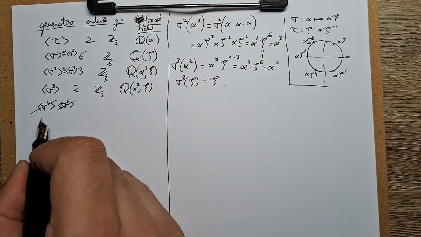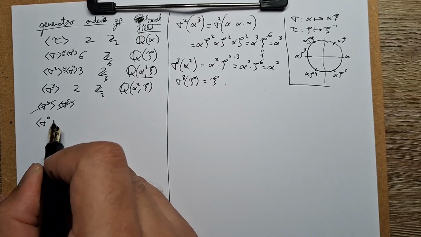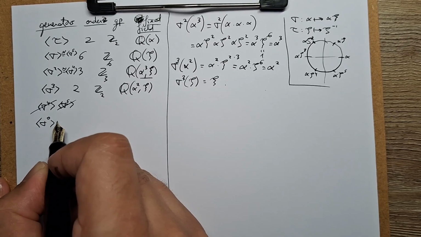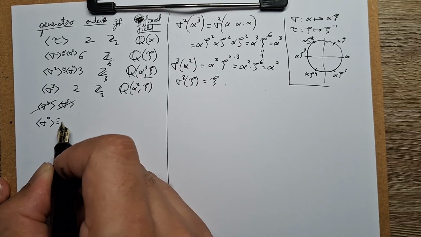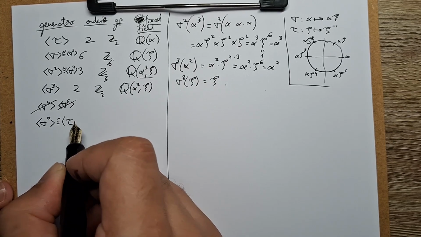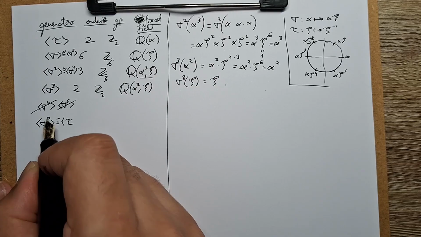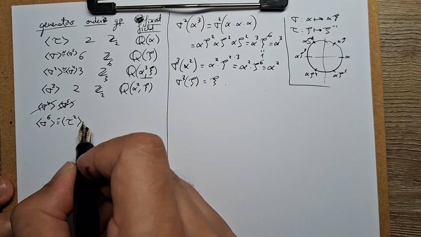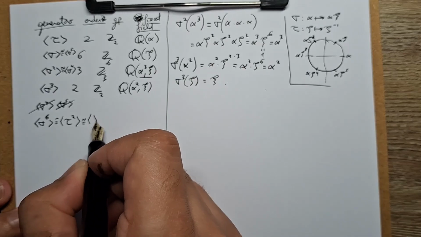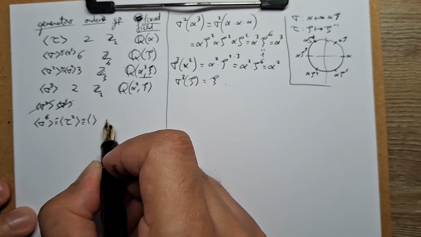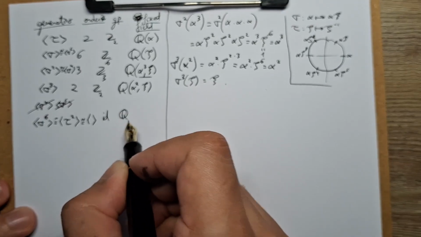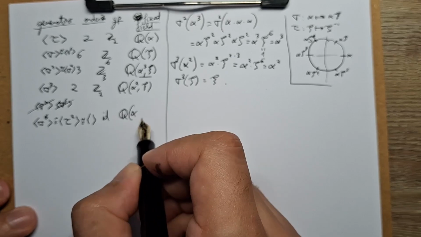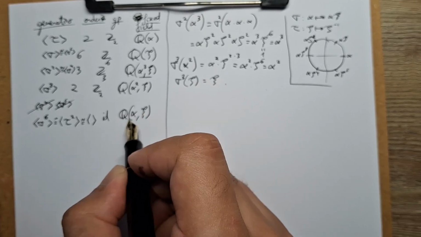And then sigma to the 6th is the same as sigma to 0, which has the same effect as if you apply tau twice or 0 times, which is the same as not applying anything. This is the identity, and the fixed field of the identity is our splitting field, Q adjoint with alpha and theta.